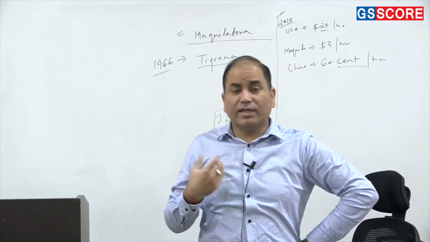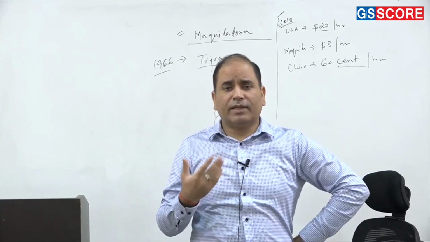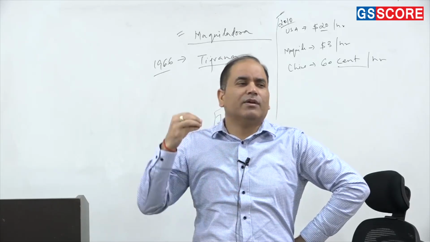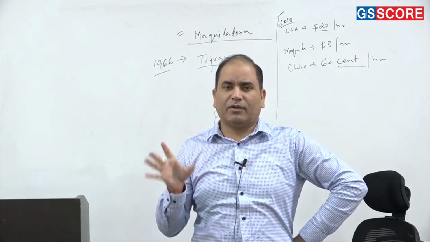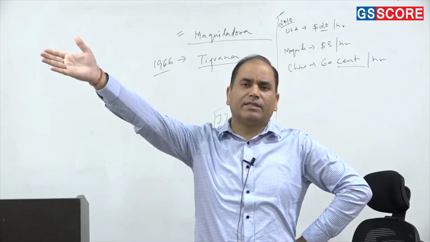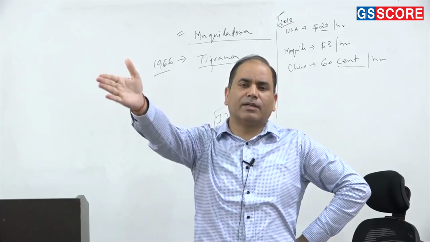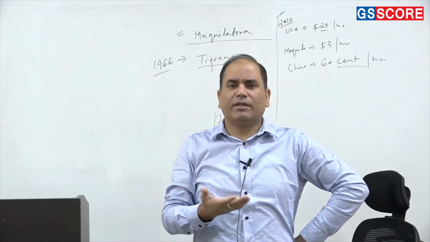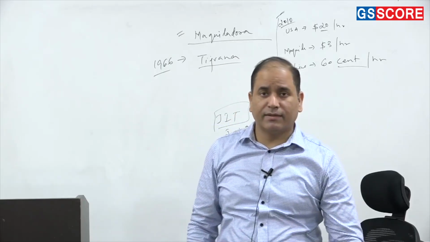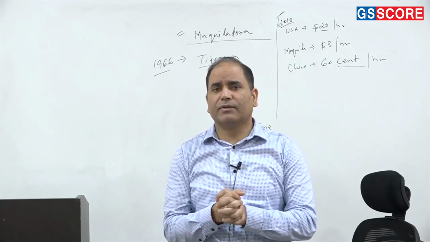So whether Weber is applicable in the present time: in most cases he is applicable. The idea of Weber is still relevant, and most of the time you can give the example of the maquiladoras, and you can give the example of China, how China has grown. So that's it from my side about this industrial location theory of Weber.